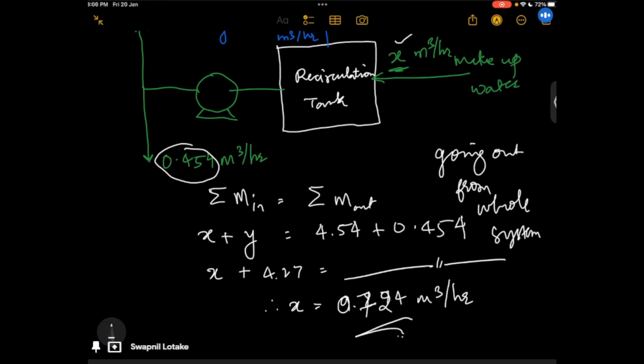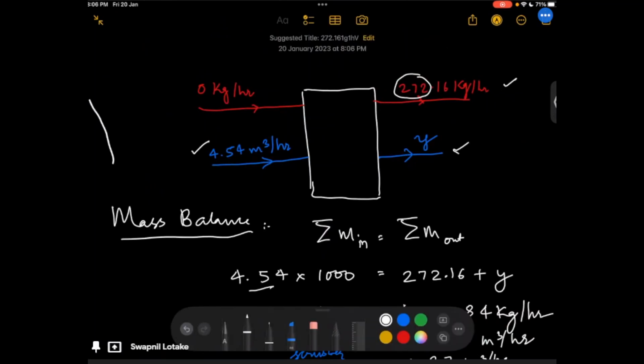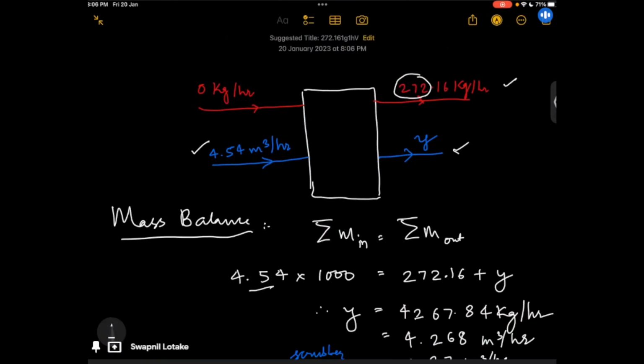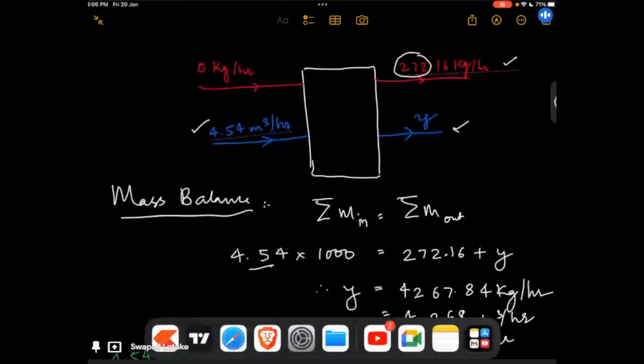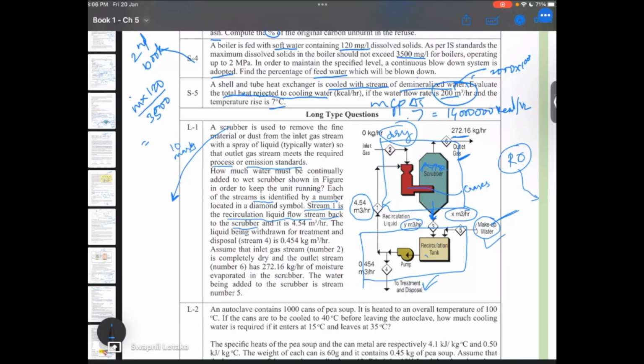So whenever it comes for 1 mark, just remember that it's just the addition of the streams that are going out, unless there are multiple inputs. Here in this numerical we had only a single input from outside, which is just this makeup water, and there are two outputs, stream 4 and stream 6. The rest of them are just circulating inside the whole thing.